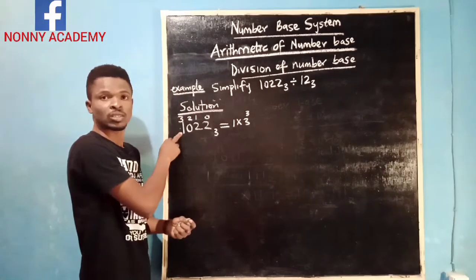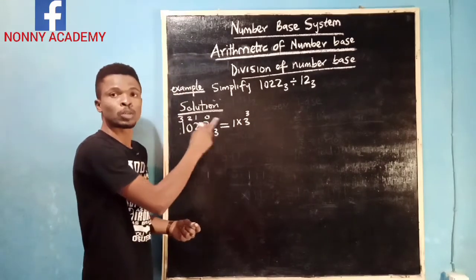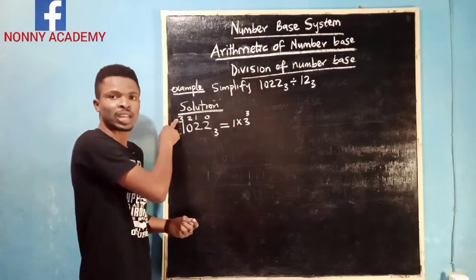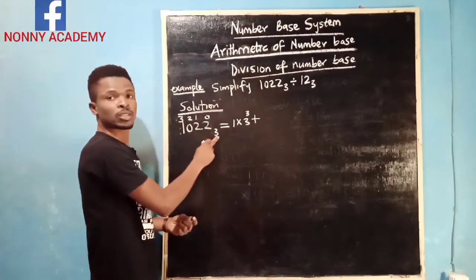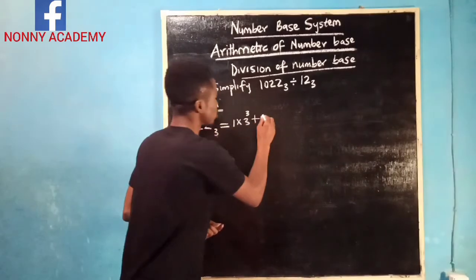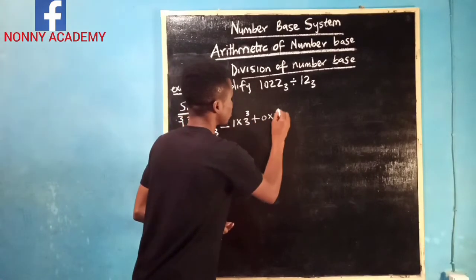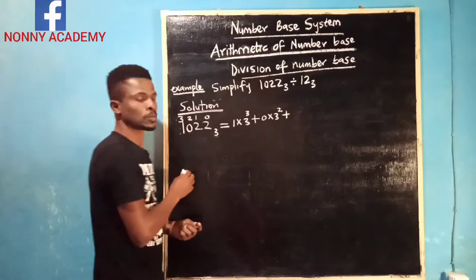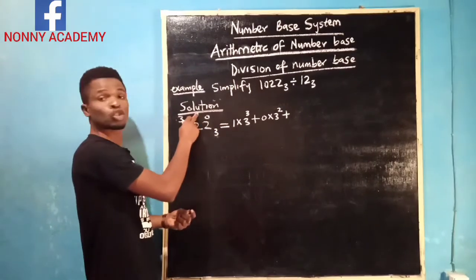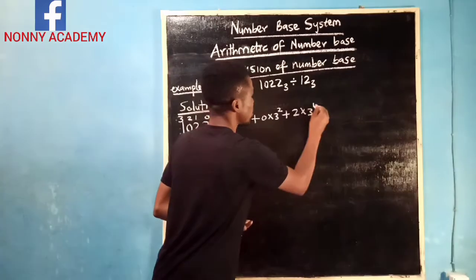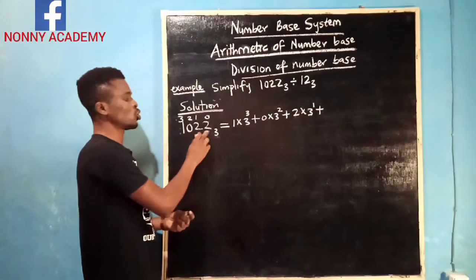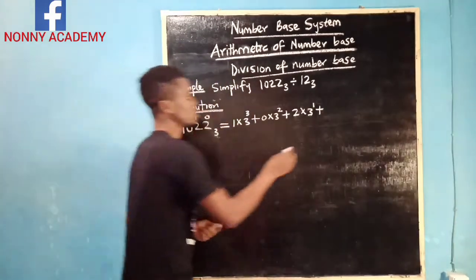That is the digit times the base raised to the power I have on top of that digit. Plus 0 times 3 raised to power 2. Plus 2 times 3 raised to power 1. Plus 2 times 3 raised to power 0.